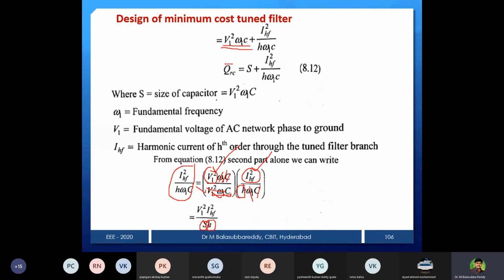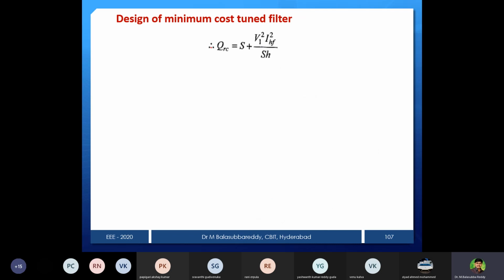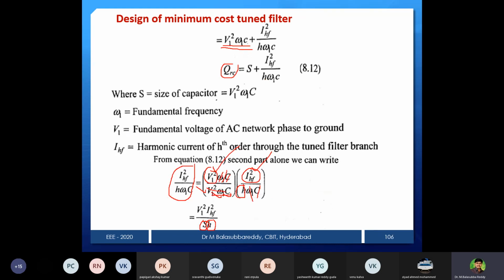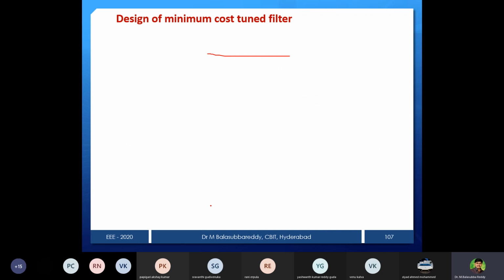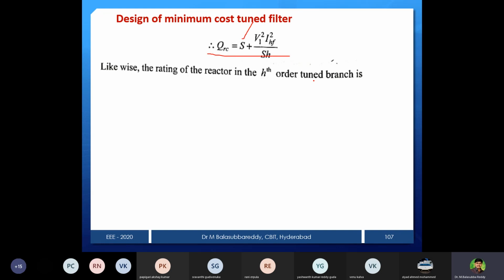And now you can write directly QRC is equal to S plus V1 square I square by SH. And that is the portion you can see here. This is a very small simplification, I divide the numerator and denominator by the same factor. Anyhow the second factor is retained as such because these two will get cancelled out. So that is just for simplicity, we will get it in terms of the size of the capacitor.